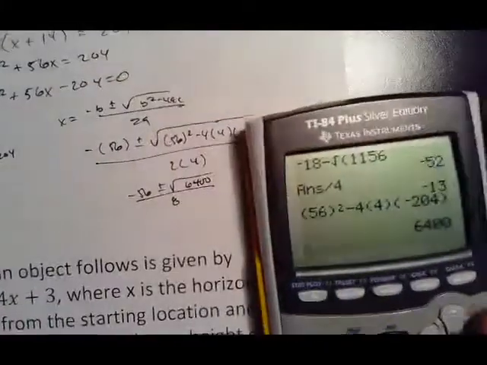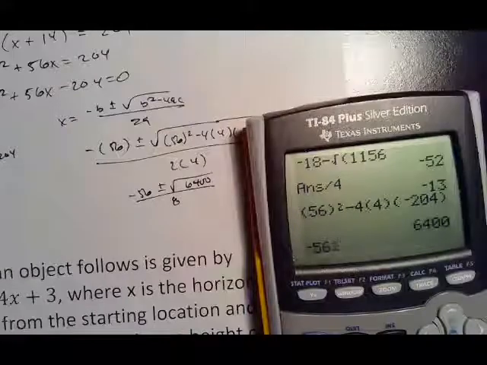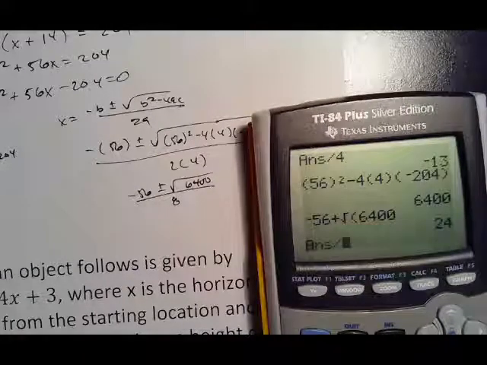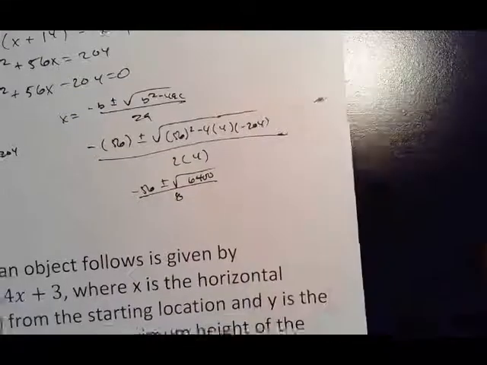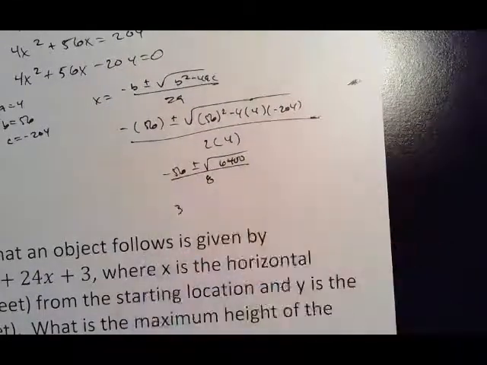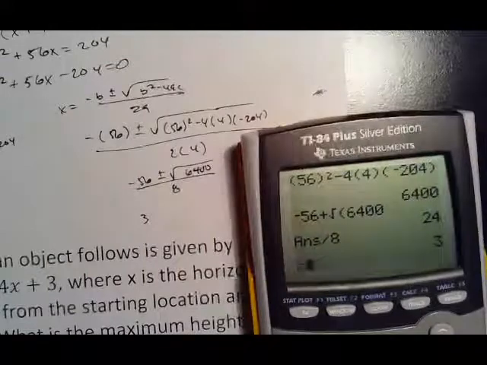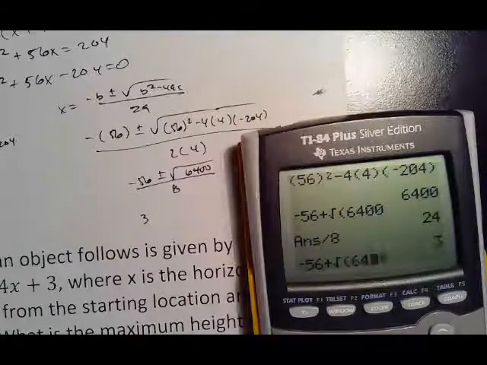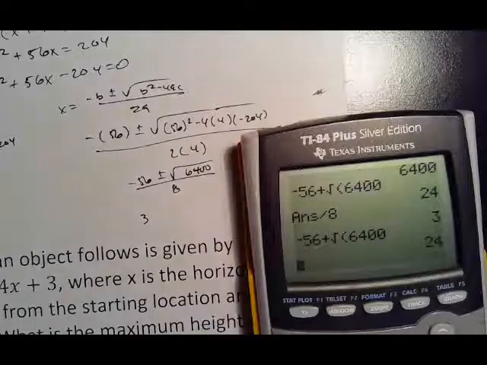And again, typing this in, negative 56 plus square root 6400, divided by 8 equals 3 is one of my answers.